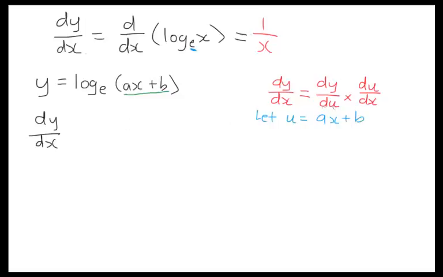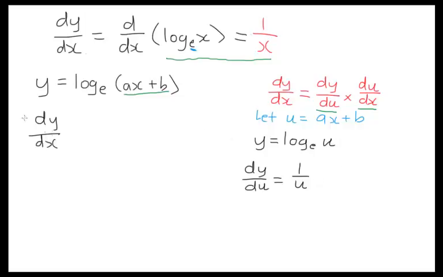Now all that's left to do is work out these two values. Let's start with dy over du. If u is equal to ax plus b, then y is simply equal to log base e of u. Now if we take dy over du, this fits our basic formula up here. So the derivative of y with respect to u is simply going to be 1 over u.